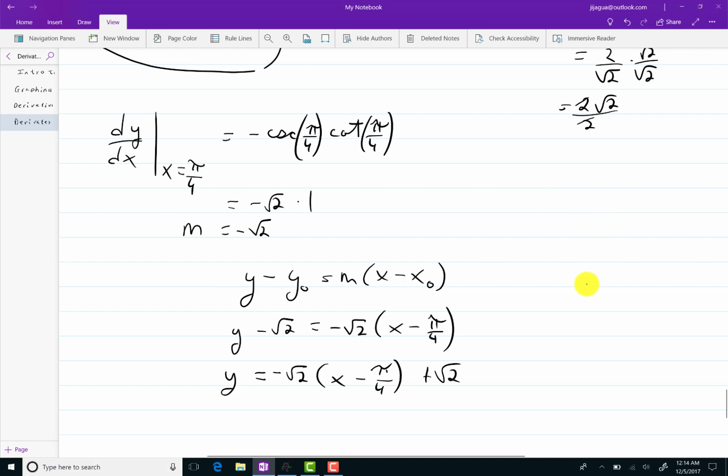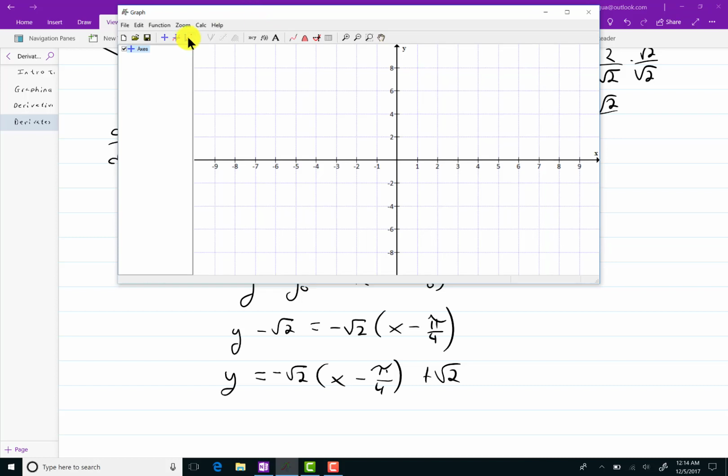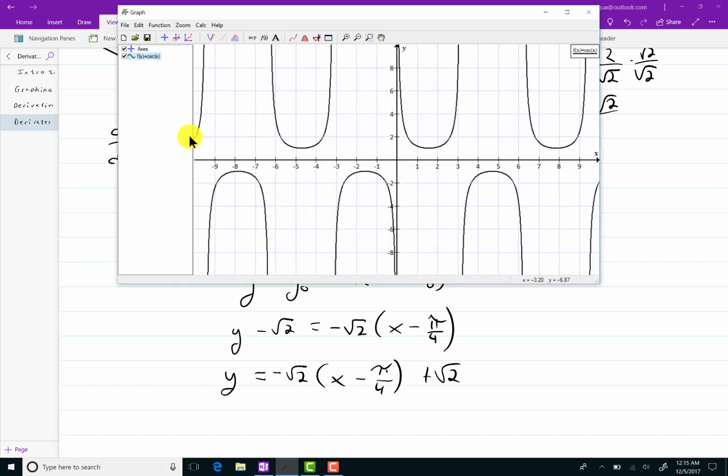I'm going to use a little different grapher than I know you use, but nonetheless, hopefully you would download this thing. It's free. For my function, insert function, it does take CSC, but I have to put x in parentheses. So there they are. You've seen this thing probably a million times.